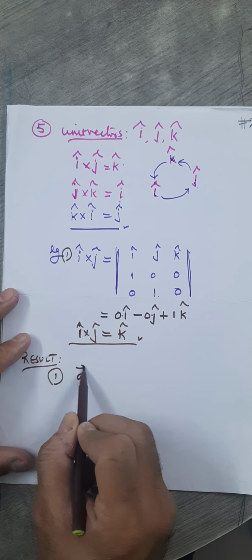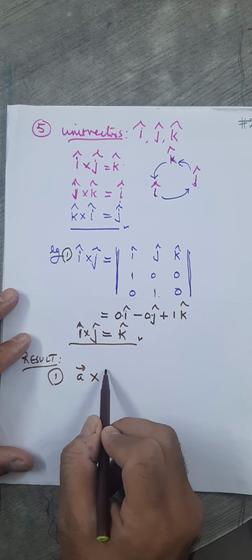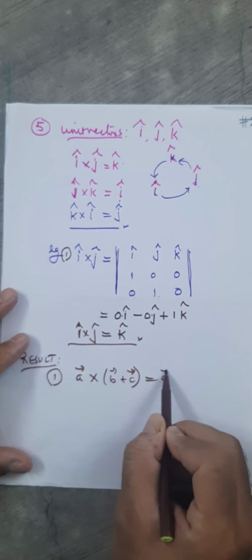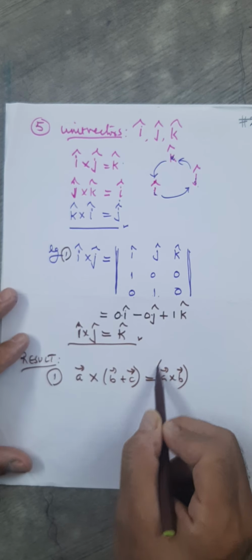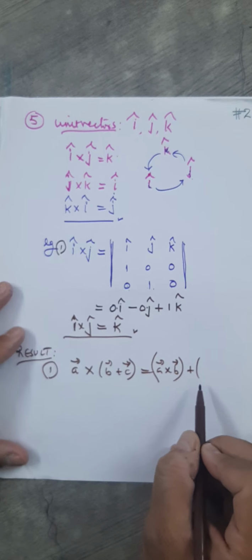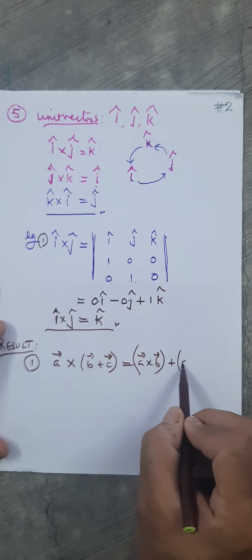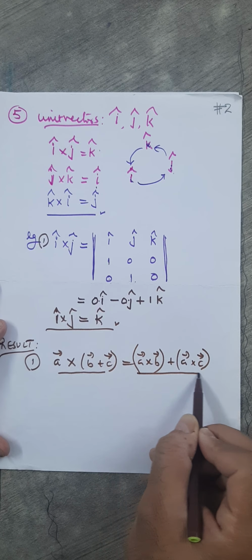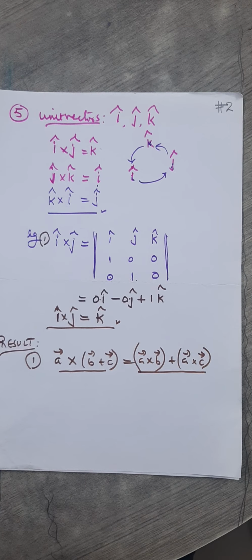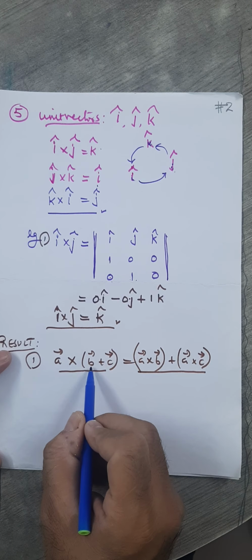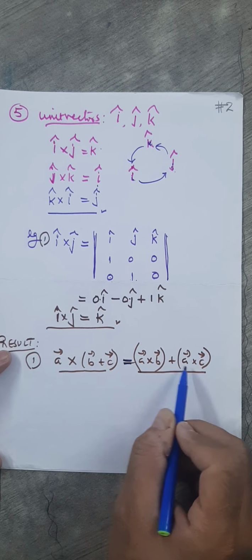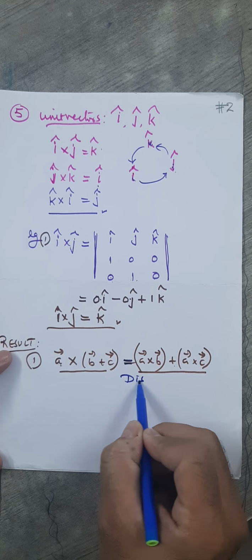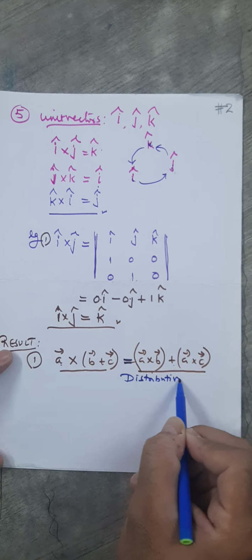For three vectors, if I have A cross, for example, B plus C, then you can just open the bracket: vector A cross vector B plus vector A cross vector C. This is simply the distributive property, remember. What I did: A cross B plus C, so A cross B plus A cross C. This is called the distributive property for cross product over the addition.